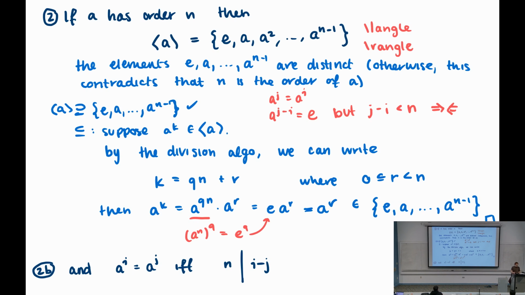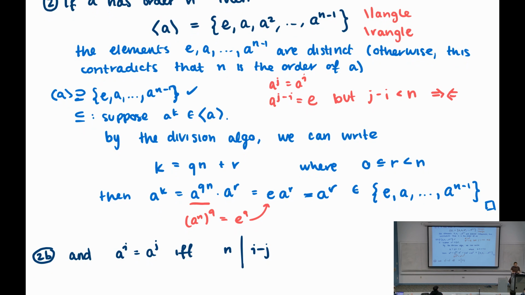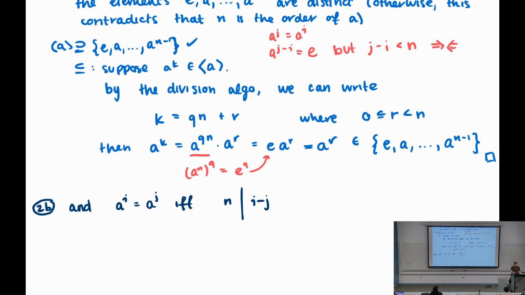Okay, let's move on to the last part of this. Again, we're assuming that a has order n, and then we're going to prove that a to the i is equal to a to the j if and only if n divides i minus j. So n is the order of a still.